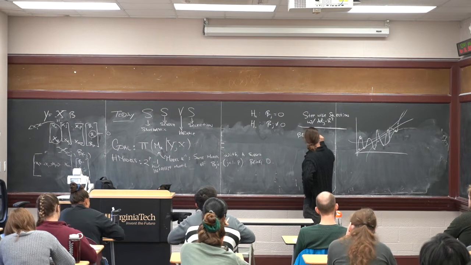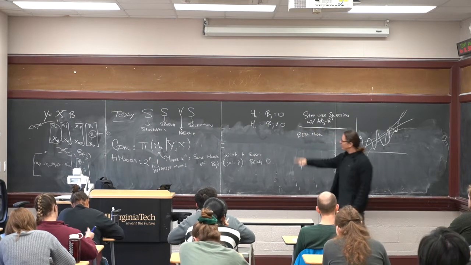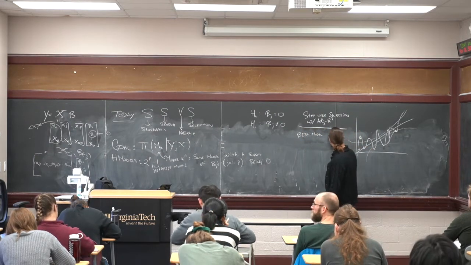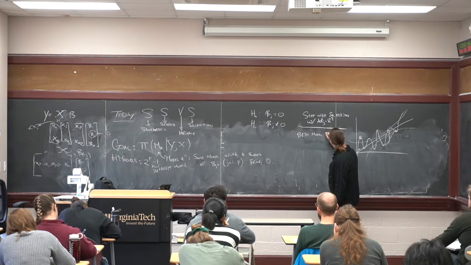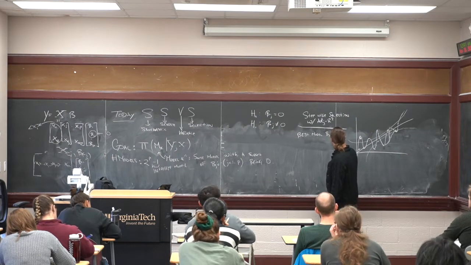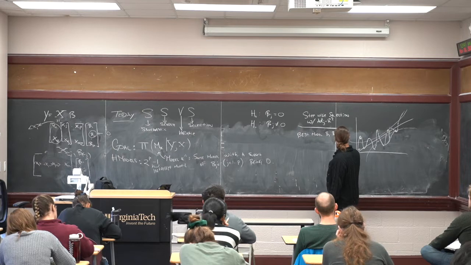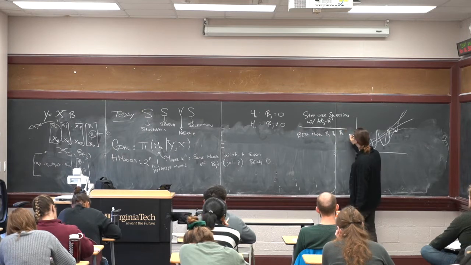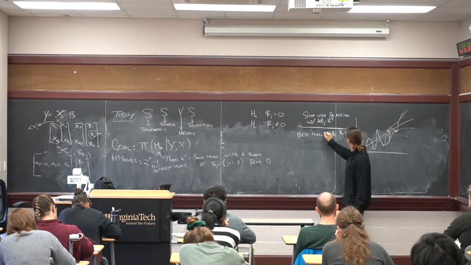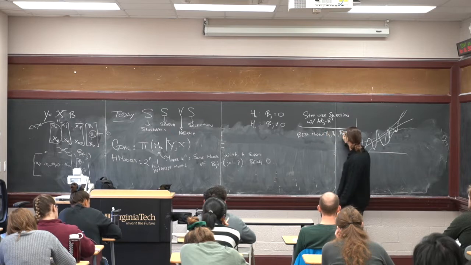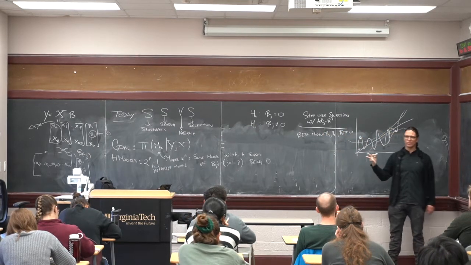Best model might say, out of p variables, beta 1, beta 5, and beta 6 are not equal to 0. And everything else is equal to 0.